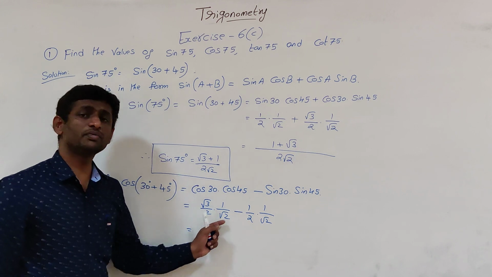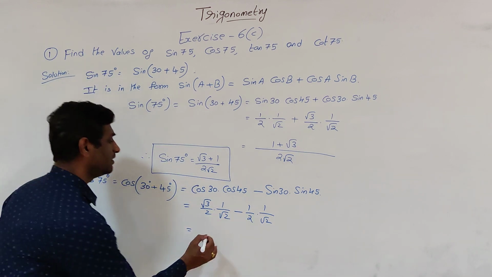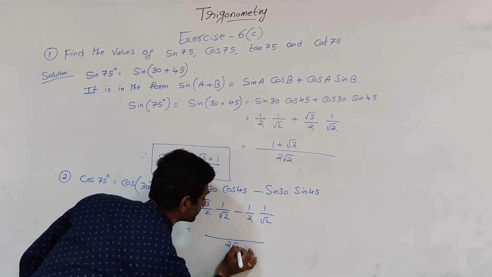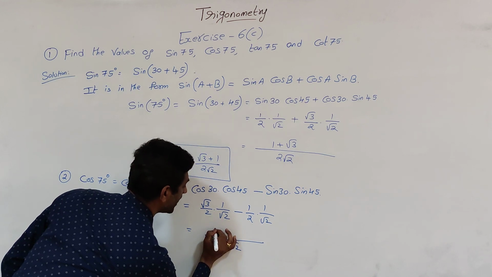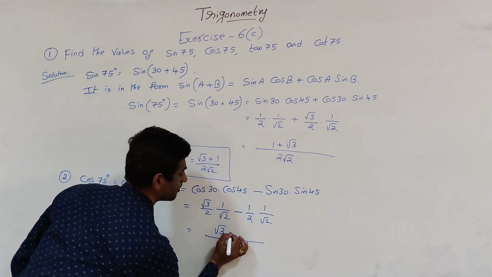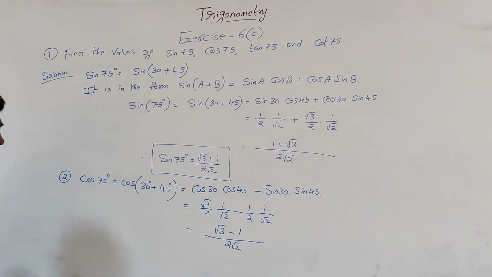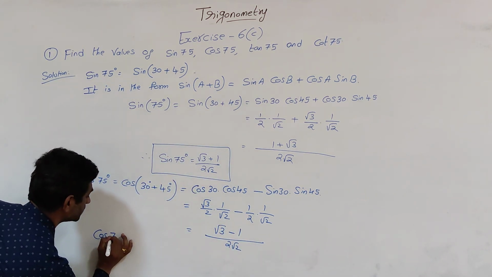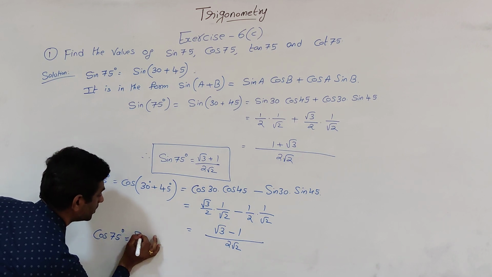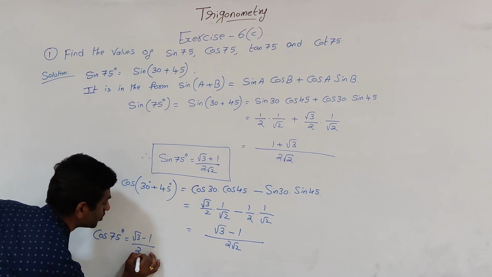Again, the denominators are the same, the LCM will be 2 root 2, and the numerators are combined, that is root 3 minus 1. So cos 75 degrees will be root 3 minus 1 by 2 root 2.